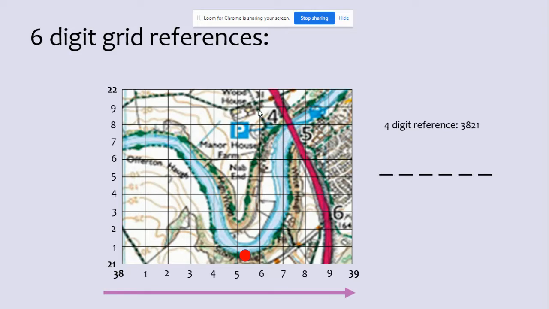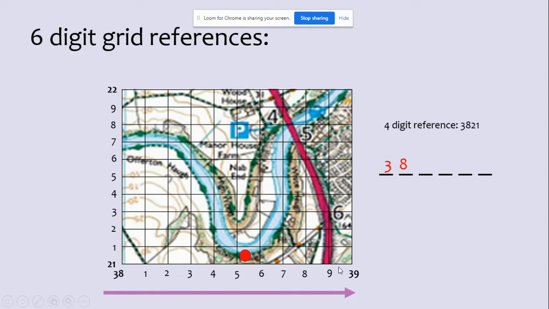Like before, we're going to go across the hall and then up the stairs. We're going to give the grid reference for the outer bend of the meander, this furthest point here. We want to go across the stairs first. Our first 2 digits are going to remain the same, 3 and 8, because it's in box 38. But we want to find out how far into box 38 it is.